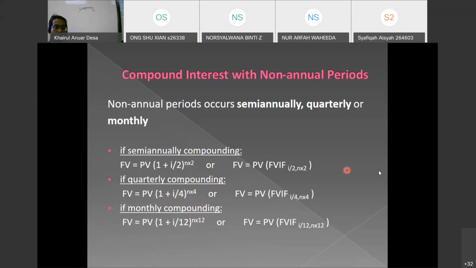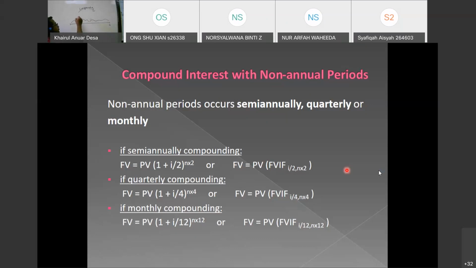Kenapa 2, kenapa 4, kenapa 12? This is 1 year, this is the annual. Di sini 12, di sini 1. January, February, March, April, until December here. So, semi-annual.